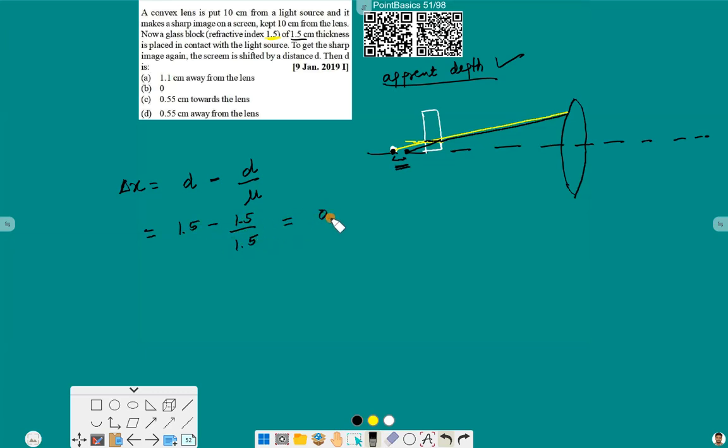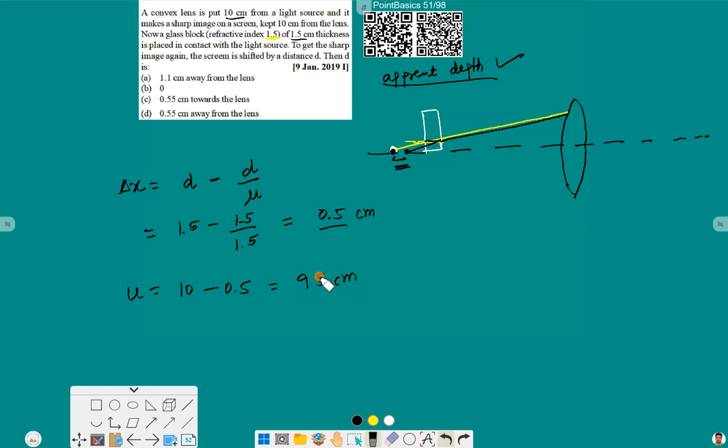So this will give us 0.5, that is in centimeter. So 0.5 centimeter shift means this object has been shifted towards the lens by 0.5 centimeter. So the actual value of u that was previously 10 centimeter now will be 10 minus 0.5, so that will be now 9.5 centimeter.